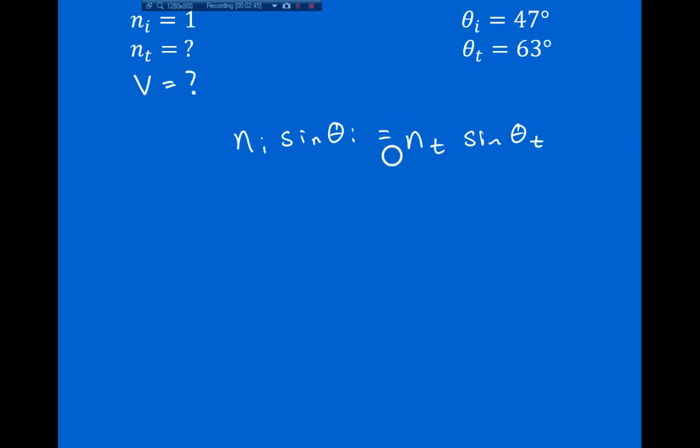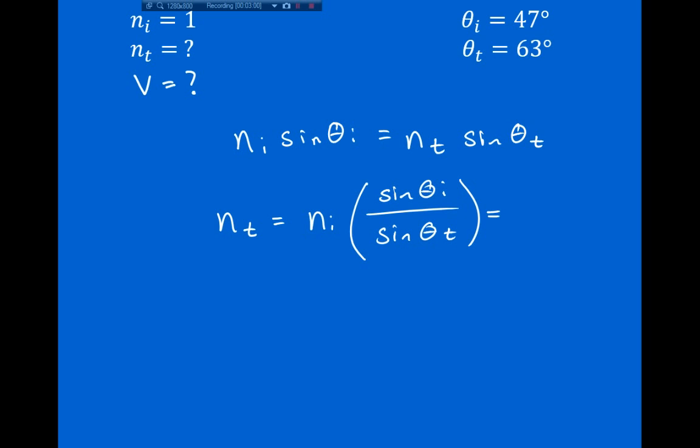And now if I solve for the index of refraction inside the transmitted material, I can see that this is equal to the index of refraction inside the initial material times sine of the angle of incidence divided by sine of the transmitted angle. And if I plug all my numbers into this, I can see that this is equal to 1.22.